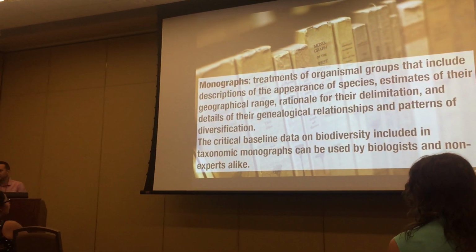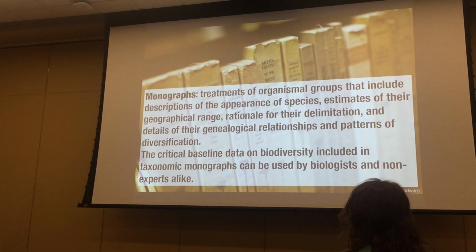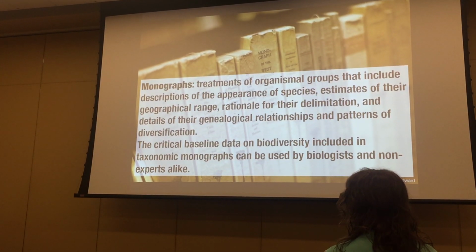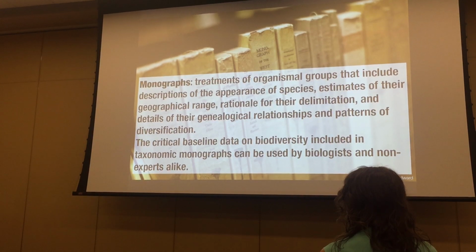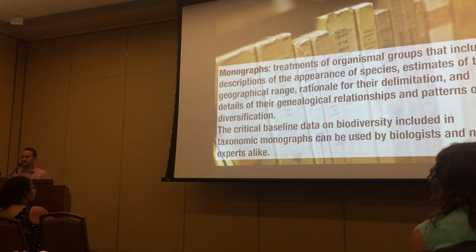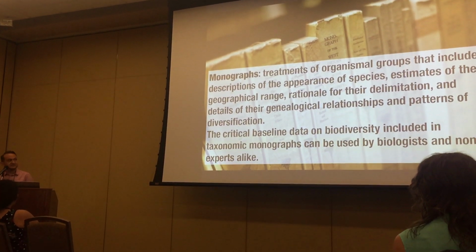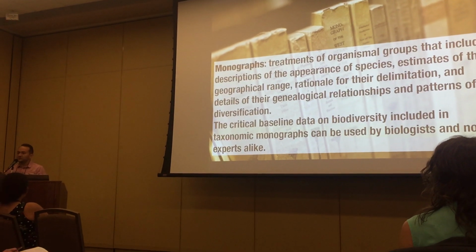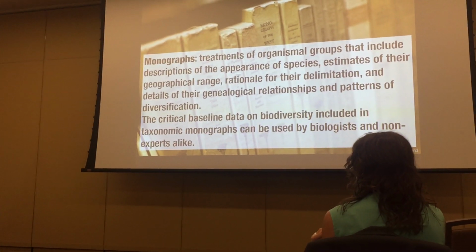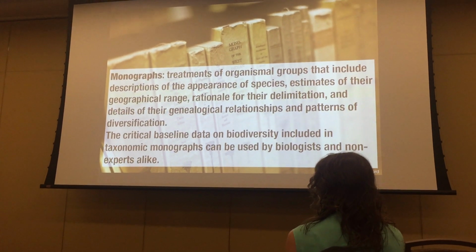So monographs, for those of you in the audience who may not have seen, read, or written a monograph, it's this comprehensive work that we systematists write after years of study and analysis. We heard Aaron just mention this monograph that took 24 years. And this is the place where we systematists synthesize all of our knowledge and our understanding of biodiversity for particular groups, families, or genera, or clades within a genus.